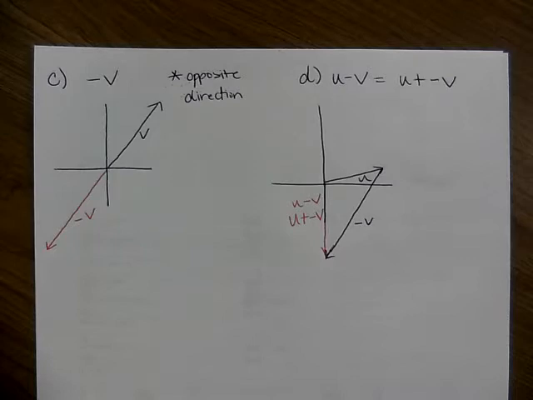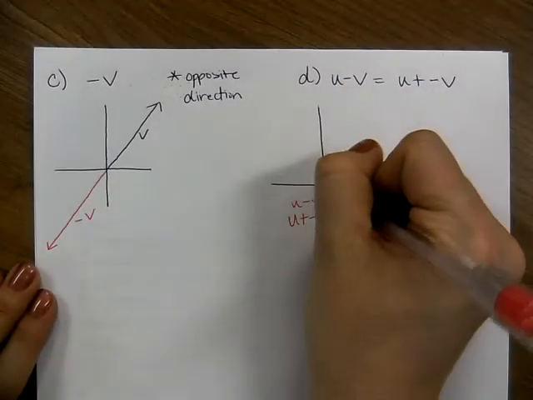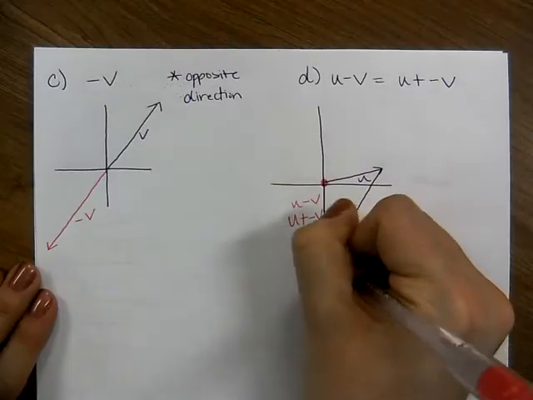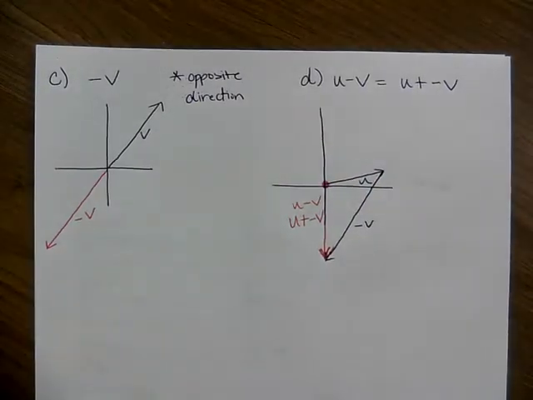All right. So you have to connect from the initial side of u to the terminal side of negative v. Okay? Yeah. Is that where you'd be looking for it to touch that side? Because when I did it, it didn't touch.